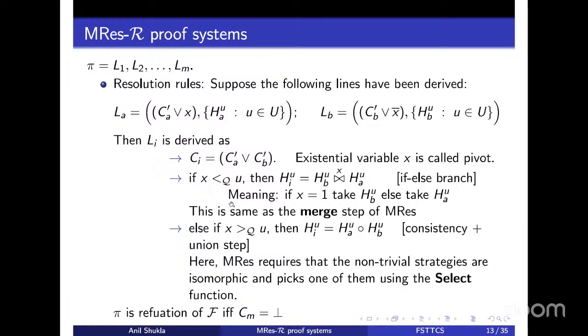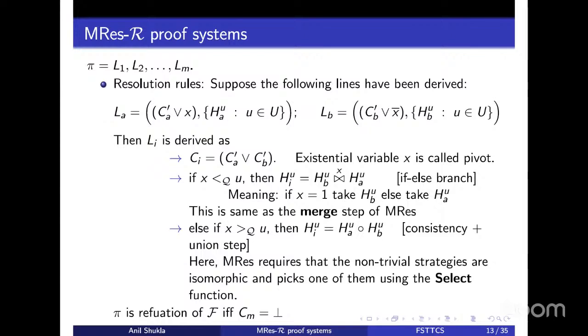If x is on the left of u, then when the universal player is playing, x has already been played. So if x is 1, you take the strategy HB of u, since x being 1 falsifies CA prime. If x is 0, you just take HA prime of u. So this is an if-else: if x is on the left of a universal variable, you take if-else based on the value of x.